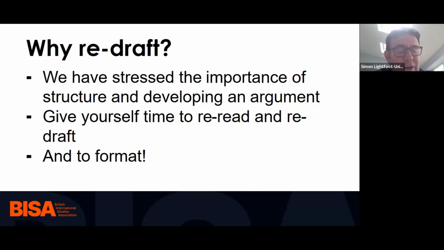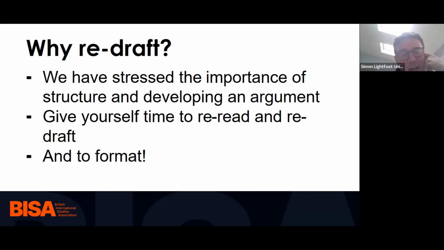I think this is one of the things that I would say is the biggest lesson I've learned as a marker of student work, is the ability to give yourself the time just to reread it, to redraft it if necessary, to make sure that you make the changes to format and things like that, to make sure that you've not included some of the perennial pet hates of markers.